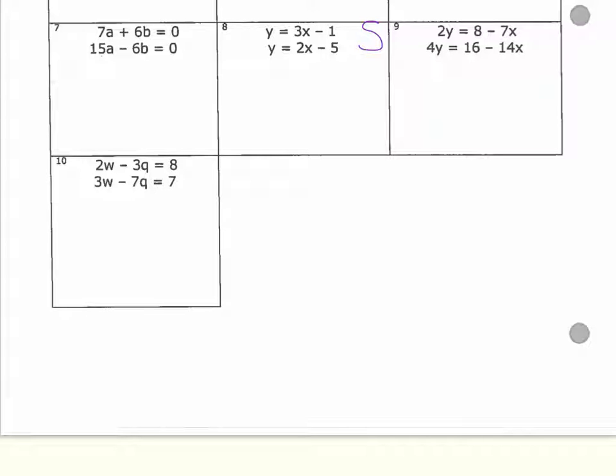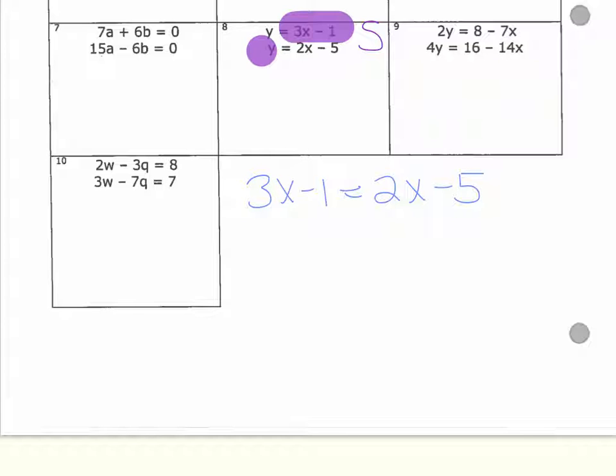Second equation, y equals 2x minus 5. One equation is solved for a variable, so we're going to go ahead and substitute the 3x minus 1, what y is equal to, into the y spot of the second equation. So this is what my equation will look like. Instead of y equals, we'll have 3x minus 1 equals, and then the other side will be 2x minus 5.